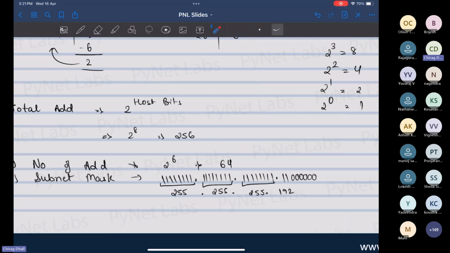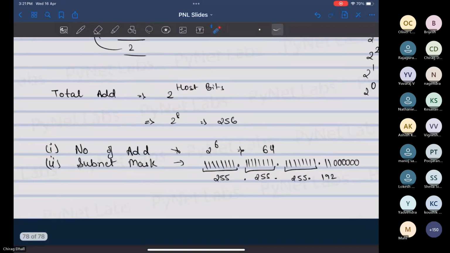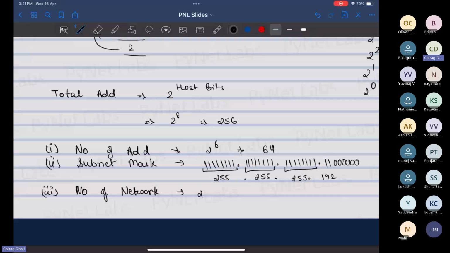Okay, now as we have broken down a bigger network into smaller parts, I also need to find out how many such parts I can have, which means I need to find out the number of networks or the number of subnetworks that I'll get if I break it down. This can be calculated by 2 raised to the power borrowed bits.